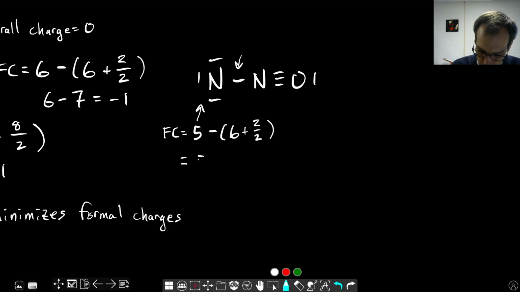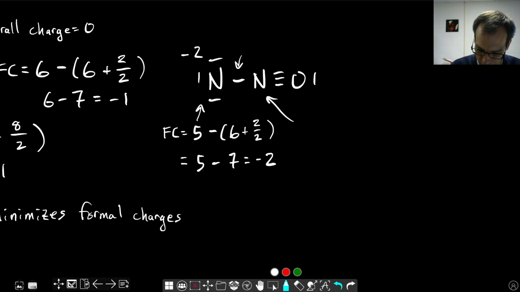So that gives us a formal charge of 5 minus 7, which is equal to negative 2. All right, this is already, we can tell, a worse structure because we have a very large formal charge on this nitrogen. Very large meaning not close to 0, right? So it's a little bit further away. All right, we'll look at our central nitrogen.